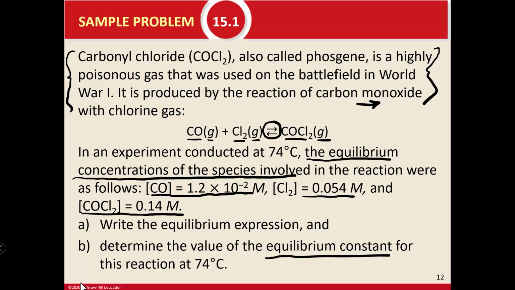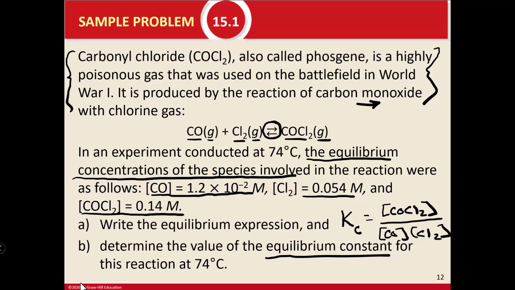Okay? So the first thing you need to do is write the equilibrium expression for this reaction. And you should have capital K, you should have a subscript C to say, hey, I'm talking about concentrations, not pressures here. Equals, we have one product, carbonyl chloride, and we divide that by our reactants, carbon monoxide concentration in moles per liter and the chlorine concentration in moles per liter.